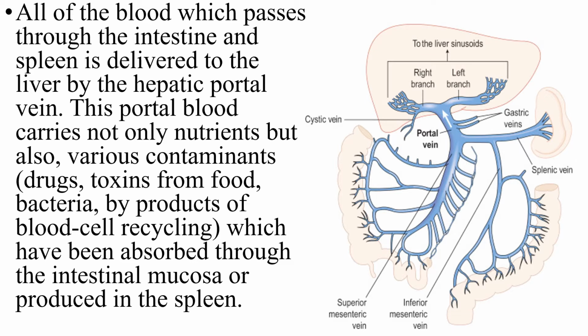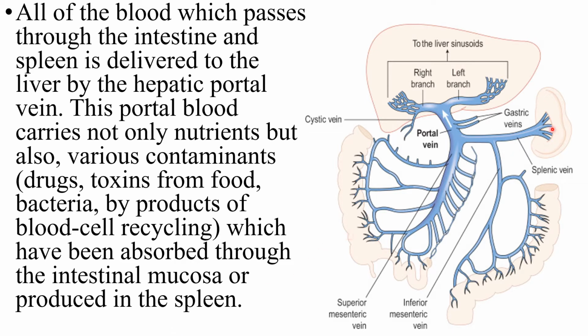This portal blood carries not only nutrients but also various contaminants such as drugs, toxins from food, bacteria, and byproducts of blood cell recycling, which have been absorbed through the intestinal mucosa or produced in the spleen.